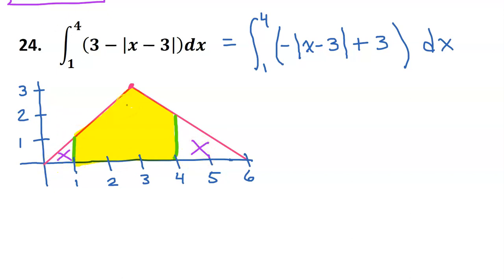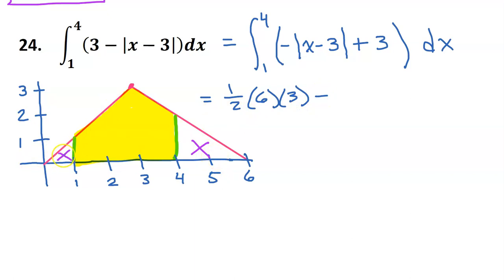So the area of the large triangle, remember 1/2 base times height, that's the area of a triangle. The base of the large triangle is 6, and the height is 3. So 1/2 6 times 3. There's an expression for the area of the large triangle.